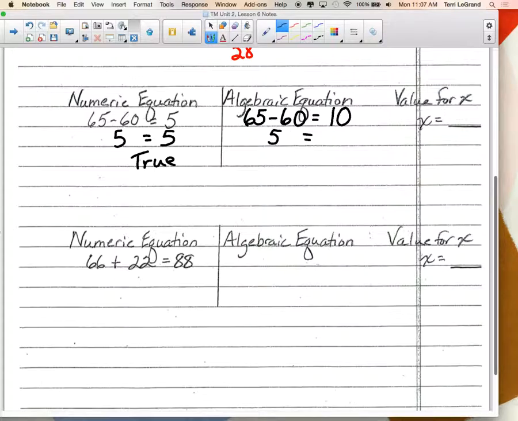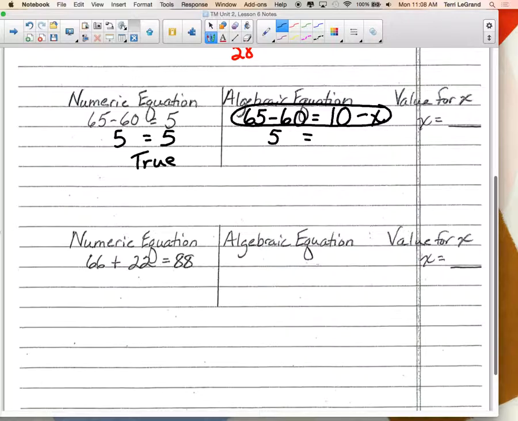So do we need to take away from that 10 or add to that 10 or multiply or take away? Okay, so we're going to take away what? No, what are we going to take away? X. We're writing an algebraic equation. We need an X in it. We need to create the missing number. So this is our first answer. That's our first answer.